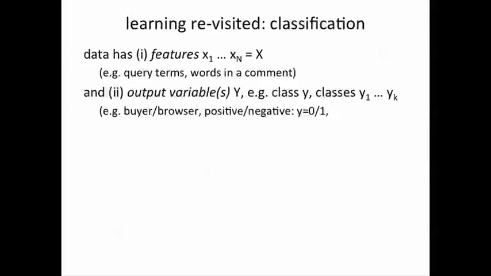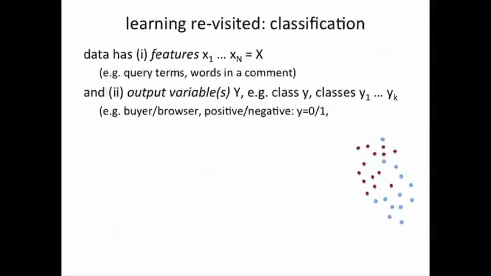In general, we might have many different output variables, each of them 0, 1, and the points in the space X could be shown as points in some high dimensional space.